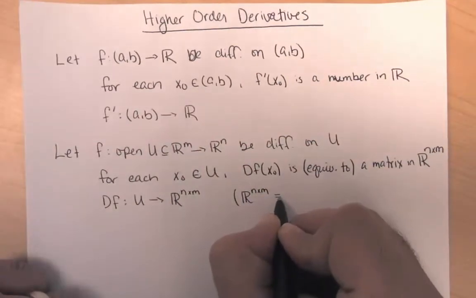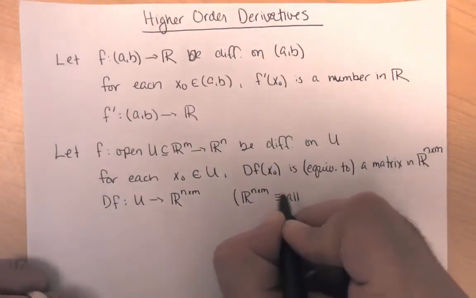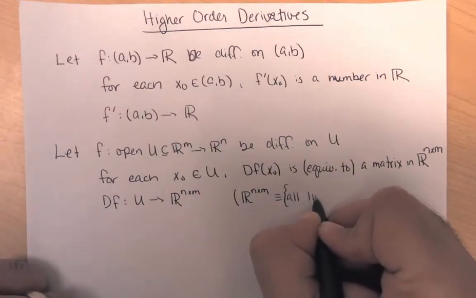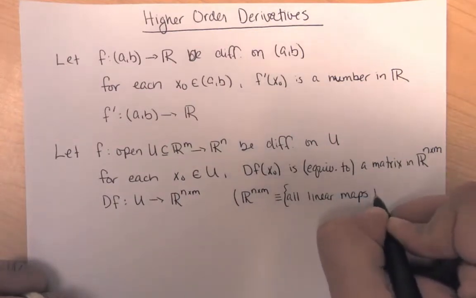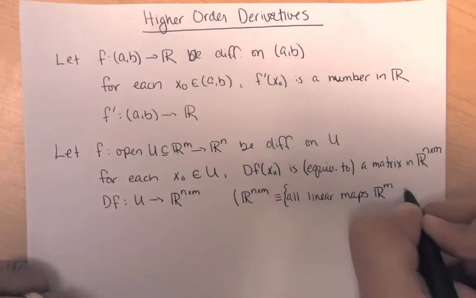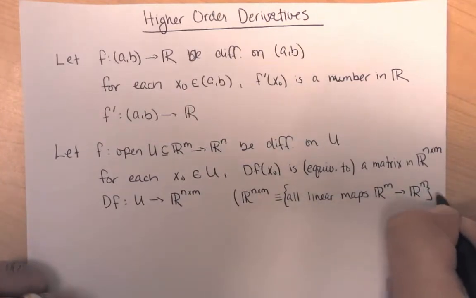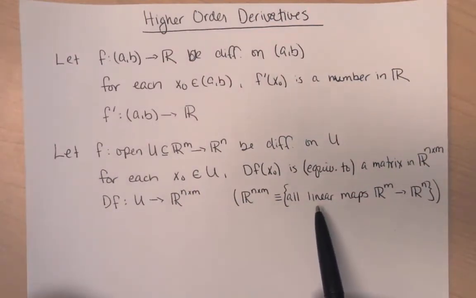So we can say it's equivalent to the set of all linear maps from Rm to Rn. Every matrix represents or corresponds to a linear map.